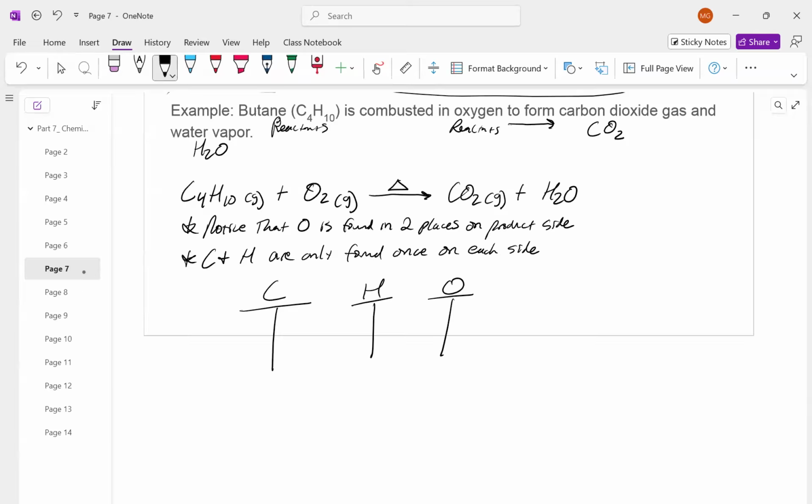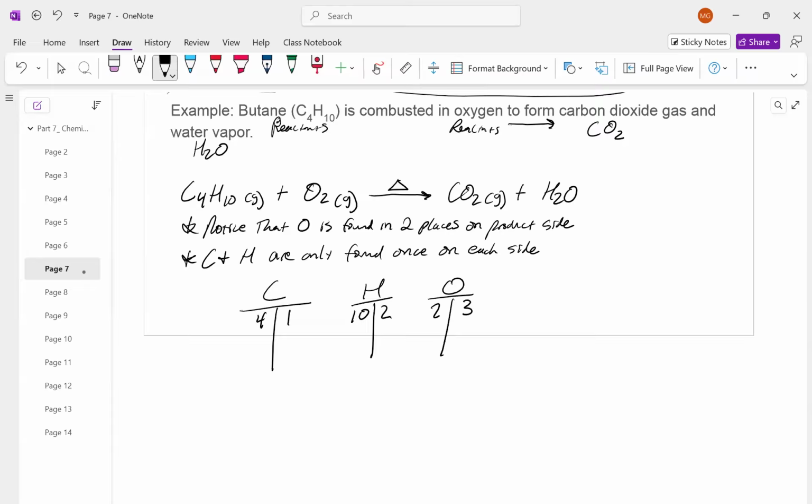How many carbons do I have on the left? I got 4 on the left and 1 on the right. Hydrogens, I have 10 on the left and 2 on the right. And then oxygens, I have 2 on the left and 3 on the right.